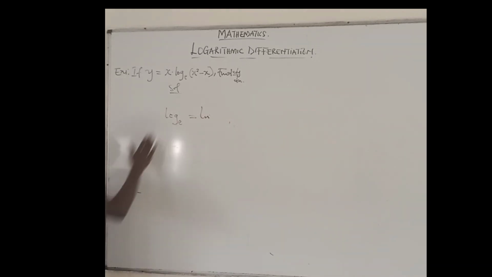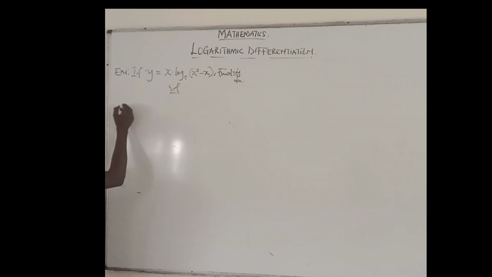So now, look at this problem on the board. We make use of logarithm differentiation to solve any difficult problem that product rule, general rule, quotient rule, chain rule cannot solve. So whenever you see a question that you know all those methods cannot solve, the next thing you do is employ your logarithm differentiation.